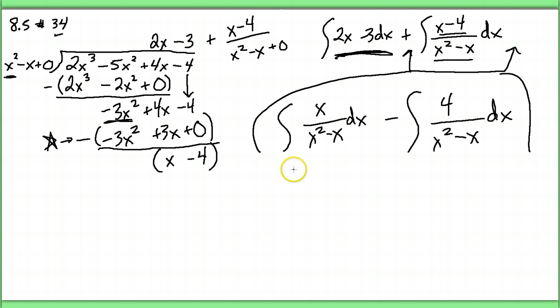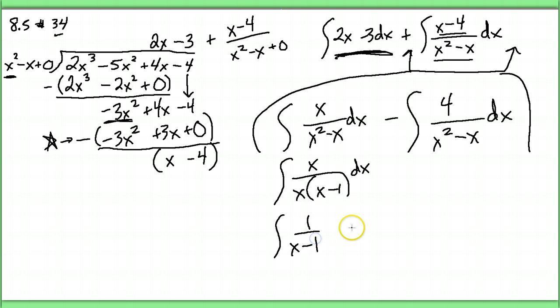First one here, if you factor, I've got 1 divided by x minus 1. The other guy, it's not looking as good, right?